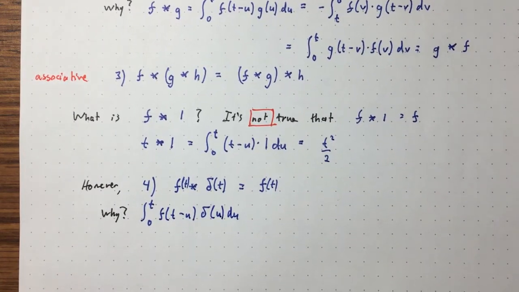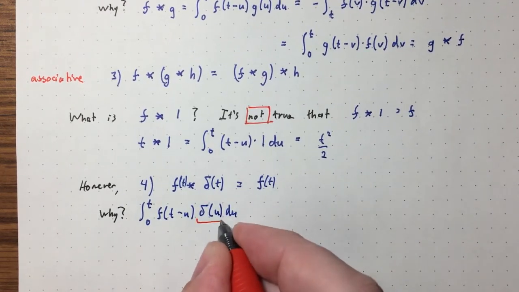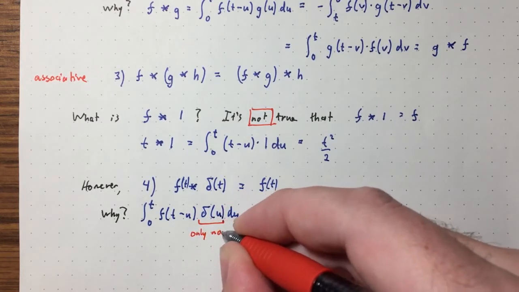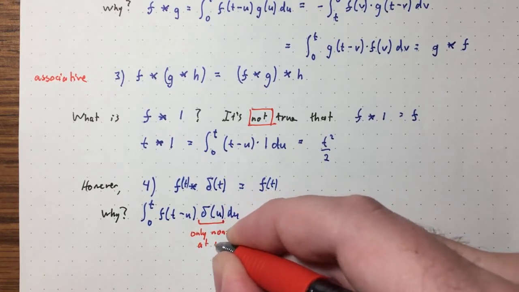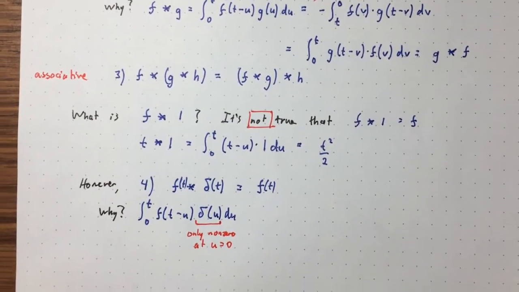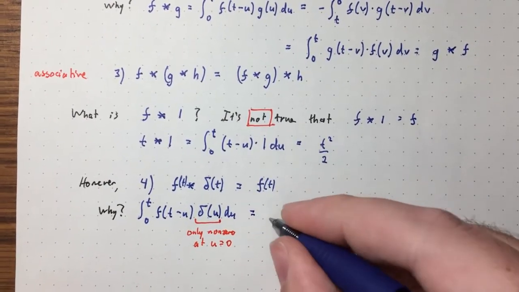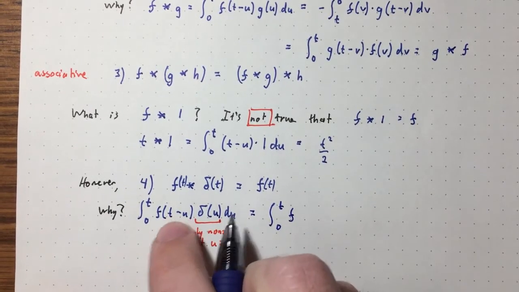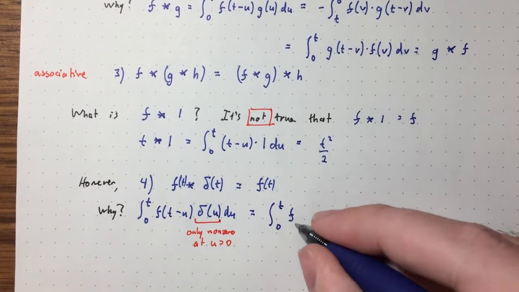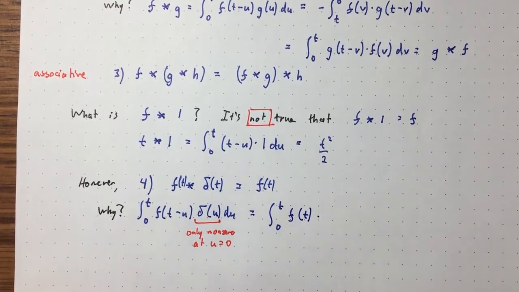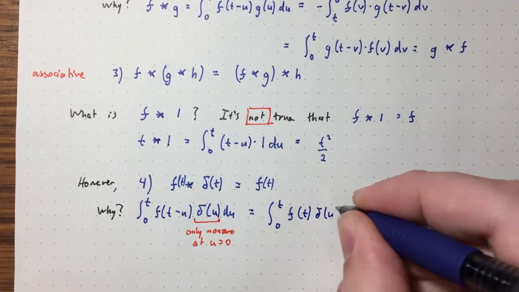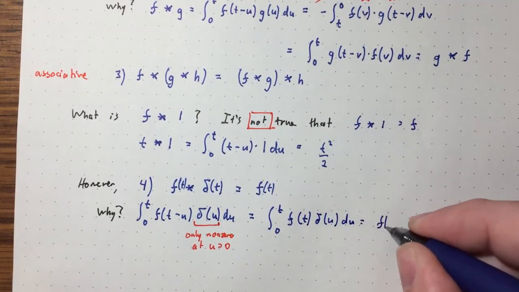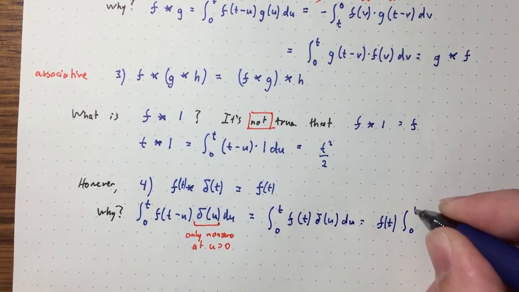Well, as you might remember, this is only non-zero at u equals 0. And what does that mean? It means we only care about its value when u equals 0. So we can replace it with f of t minus 0 in our integral. And this does not depend on u, so we can take it out. This is similar to the arguments we did in the previous lecture.